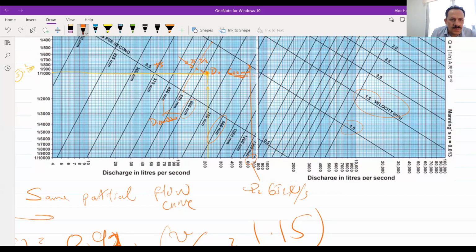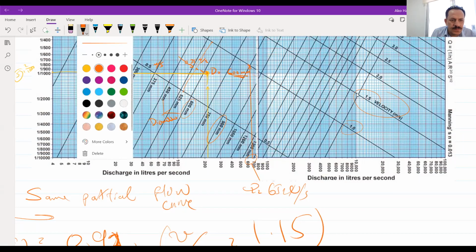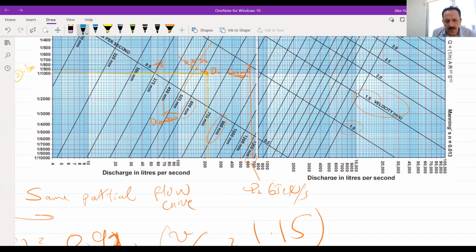So okay, from this one, here's the diameter of this sewer that will give you the solution. This is one, and then also I can come. What will be the slope? It will be 1 over 800.